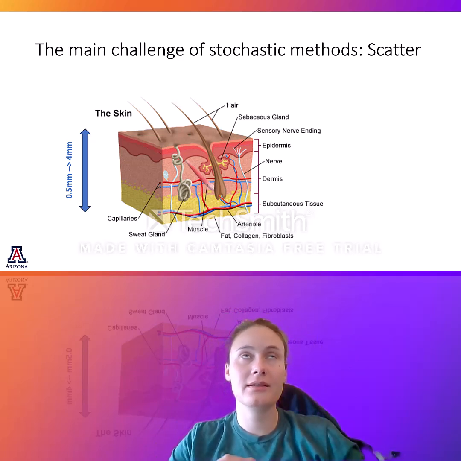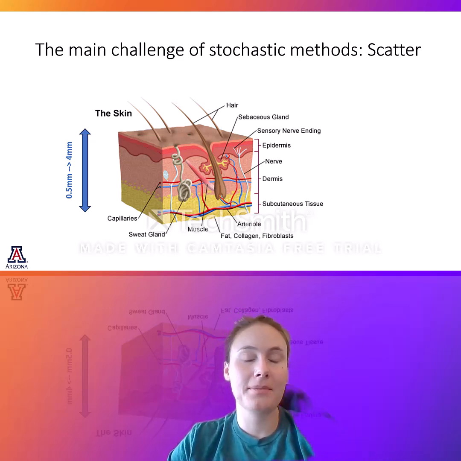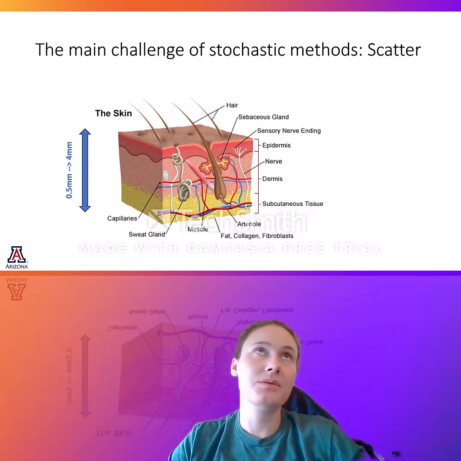So the random walk theory is actually quite good for medical imaging because it already looks at this kind of obstacle that you would see in the real world.